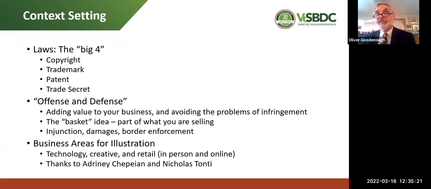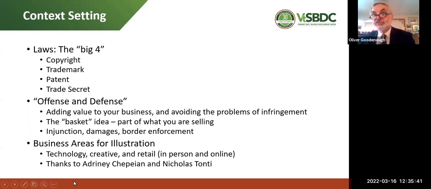So part of your job as a business person is to put into the intellectual property basket what you're going to want to take out and resell to others. You need to make sure that you pull in enough rights yourself to be able to sell onward with your product or your service, your creative work, whatever it may be.